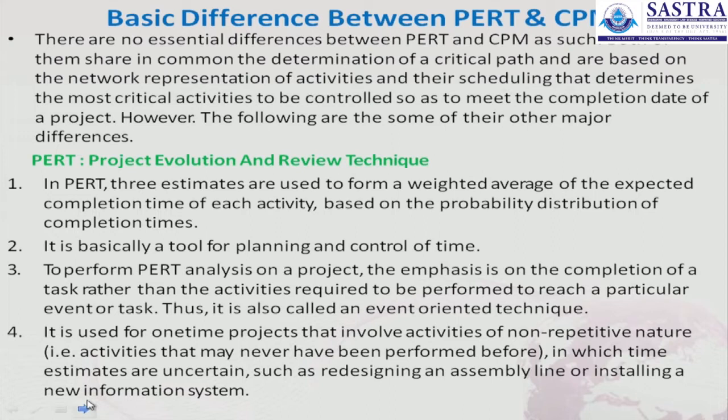The fourth point is that it is used for one-time projects that involve activities of a non-repetitive nature, that is, activities that may never have been performed before, in which time estimates are uncertain, such as redesigning an assembly line or installing a new information system.